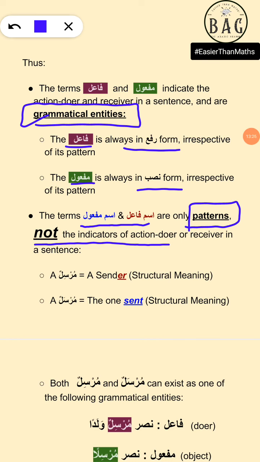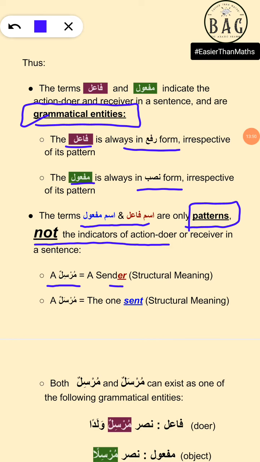Okay, for example, you have the pattern of mursilun. Now this, I'm telling you at this moment, is the pattern for ism fa'il. Mursilun means sender, and this is the structural meaning. Now there are various forms of mursilun, being an ism, of course.